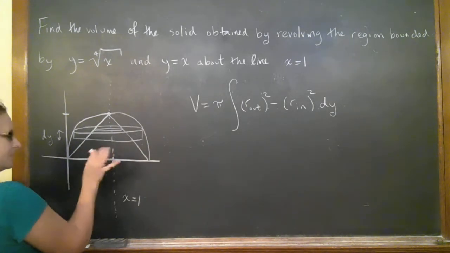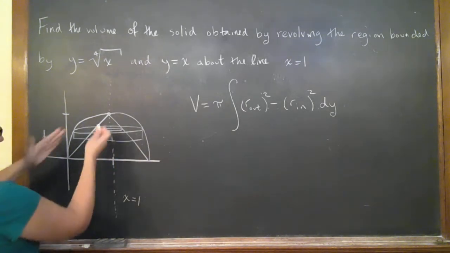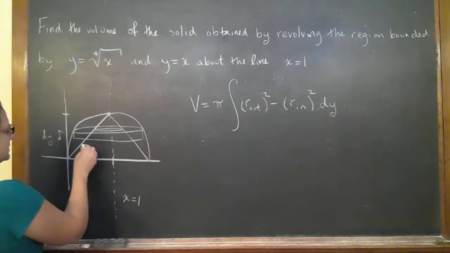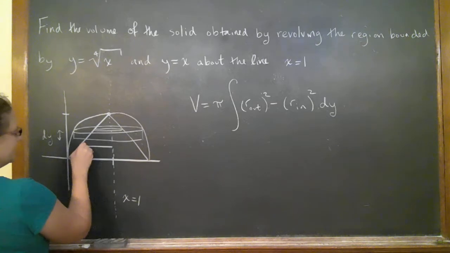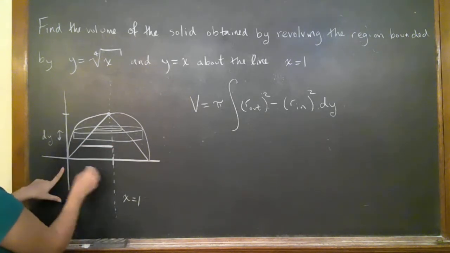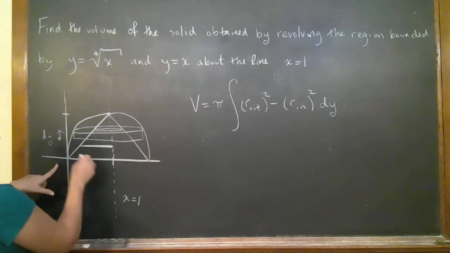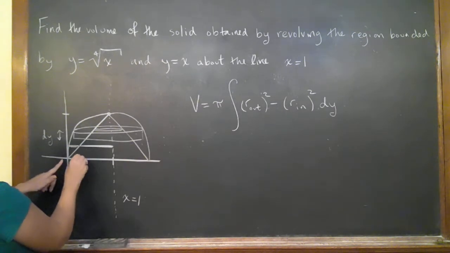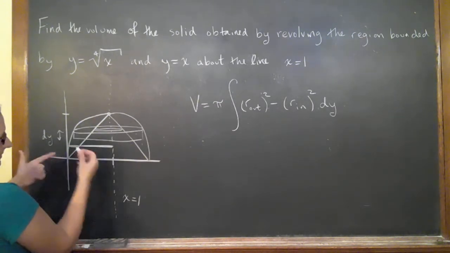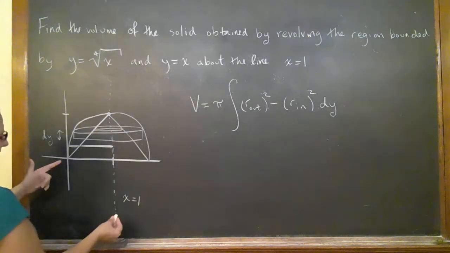Maybe it would be easier if I just thought about one of them. Let's do the inner radius. For the inner radius, we want this distance, right? So this whole distance is 1, but this distance is, of course, x, because we're going x units out along the x-axis.